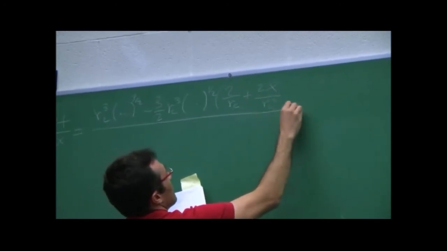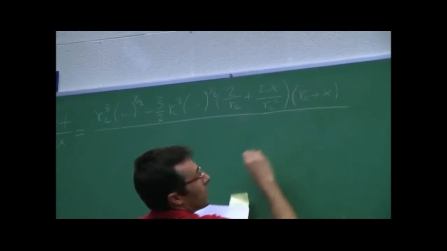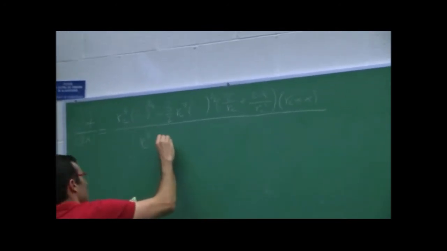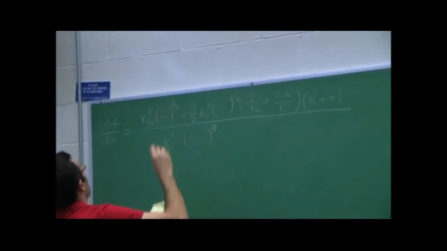I think that's it. Now I can multiply times RC plus X. We're almost done. And down here you just write your denominator squared, which is now an RC to the 6th power, and whatever is in that parenthesis to the 3rd power, and that's it. Okay. Whoa.